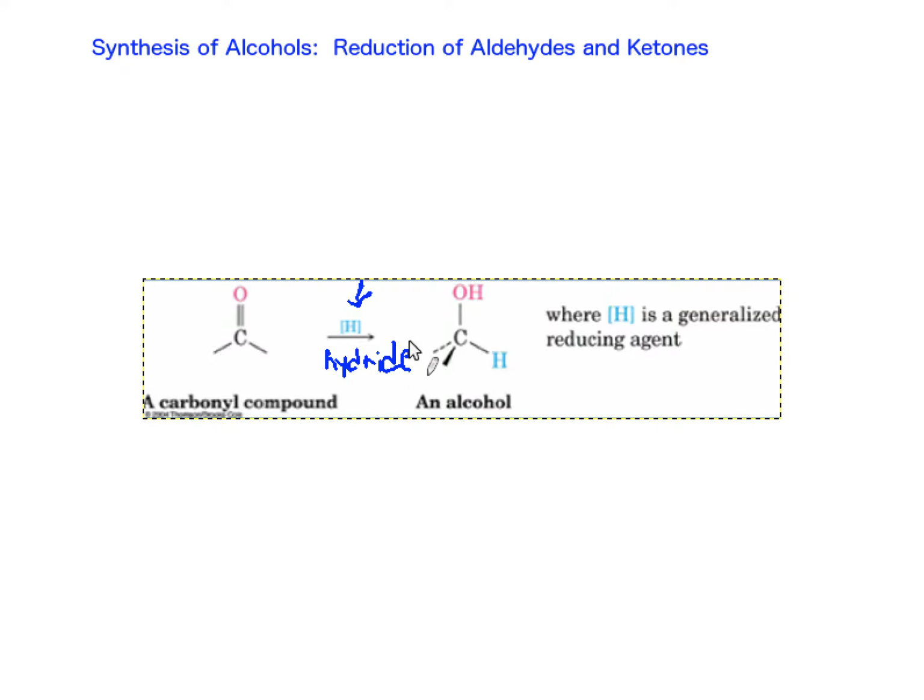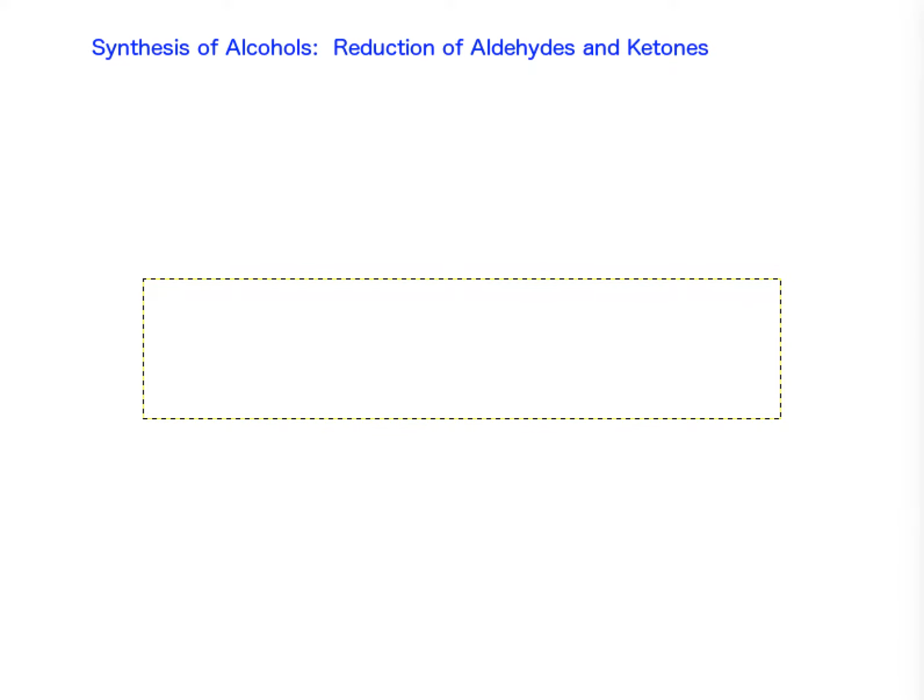Now, what is a hydride? A hydride is an ion, and it is a hydrogen that has gained an extra electron. This is the hydride ion.